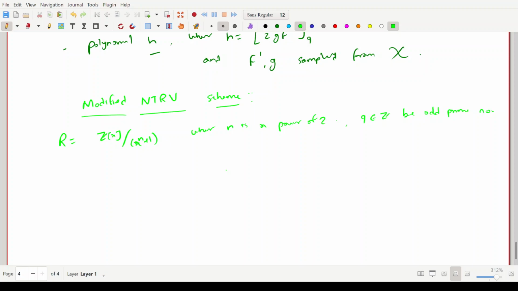Then you have to define the distribution, say chi, a B-bounded distribution over R, and this B should be much smaller than q. What is the meaning of B-bounded?